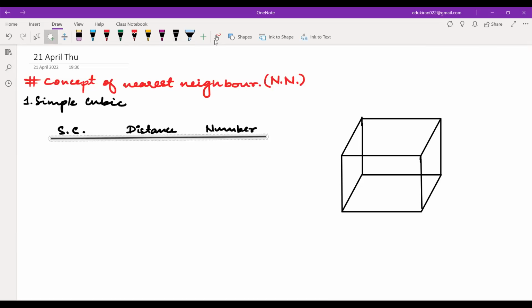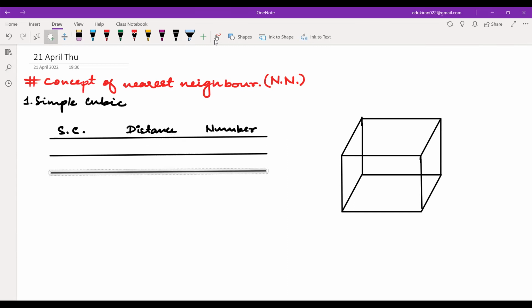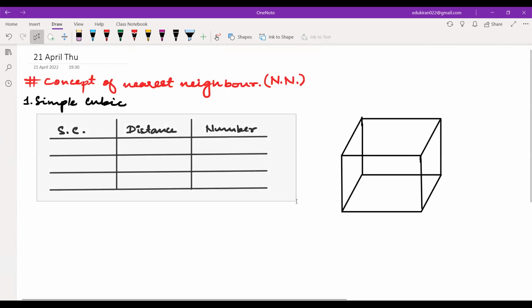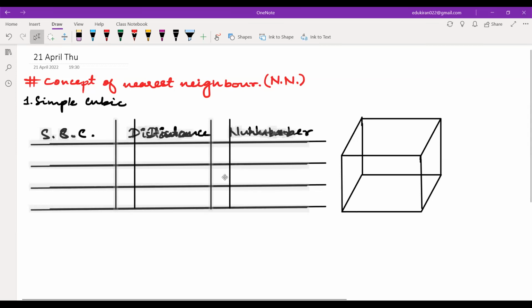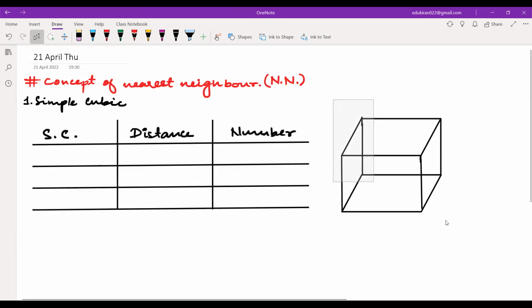So I will need the first nearest neighbor, then the second nearest neighbor, and then the third nearest neighbor. So I will also put some lines here, and we will move it to get here.